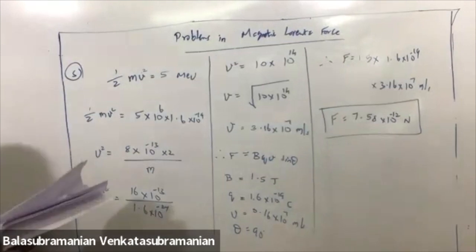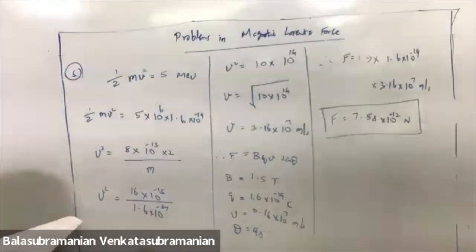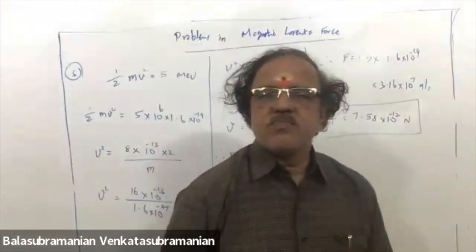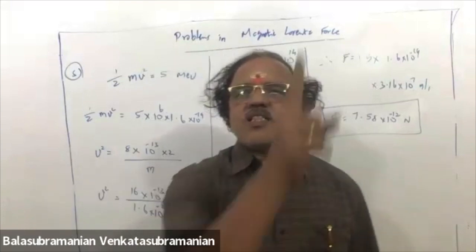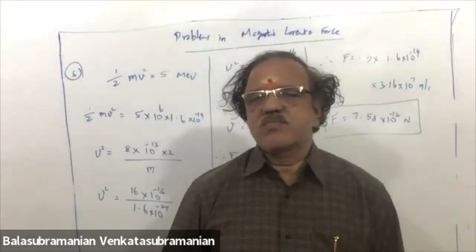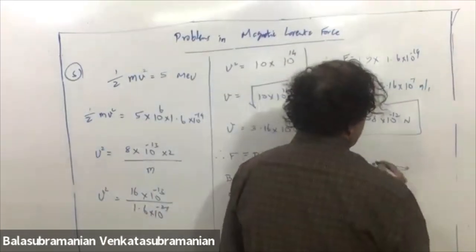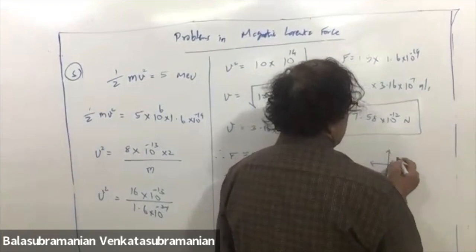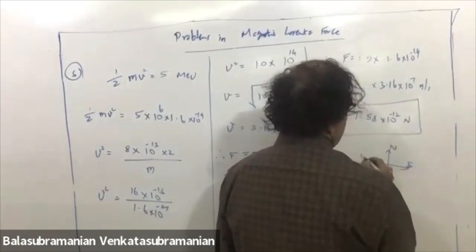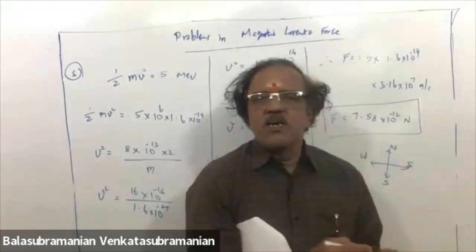Direction of magnetic force you have to calculate. This is south to north. South to north means it should be along eastward. South to north, positively charged particle.